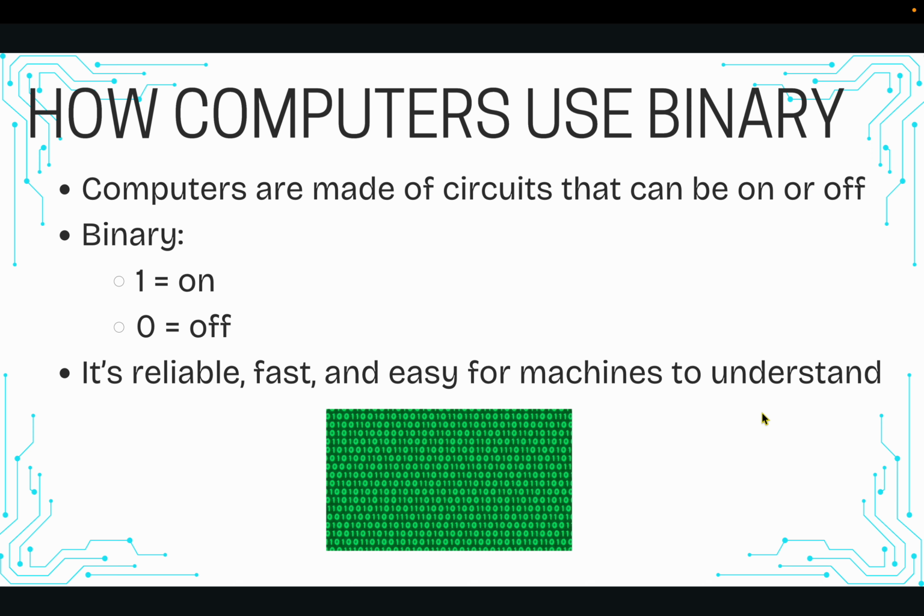Just think of it as a code: you have a number for a letter, and that number is provided to the computer for it to understand what letter that is. All of these characters on the screen are zeros and ones, and as you can imagine, it's a lot of zeros and ones just for this one screen alone.